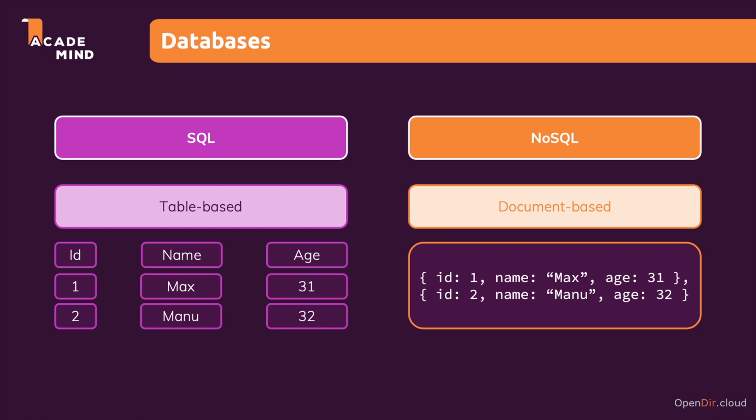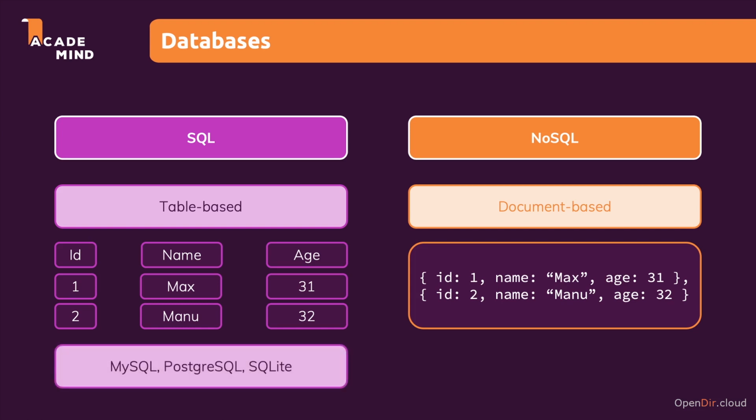Now, SQL and NoSQL are just the philosophies, as I said, the different ways of storing data. And we then have concrete engines, concrete products that implement these philosophies. In the case of SQL, for example, the most popular SQL database engines are MySQL, PostgreSQL, SQLite.